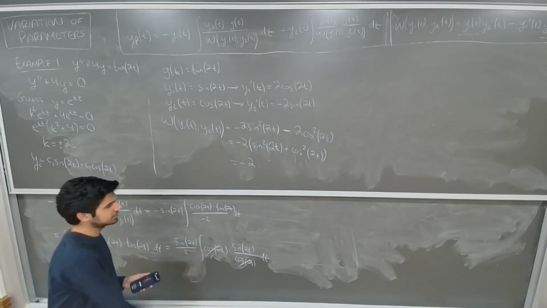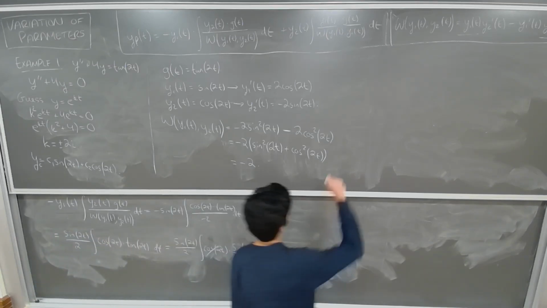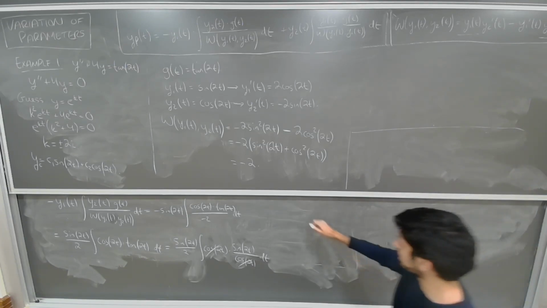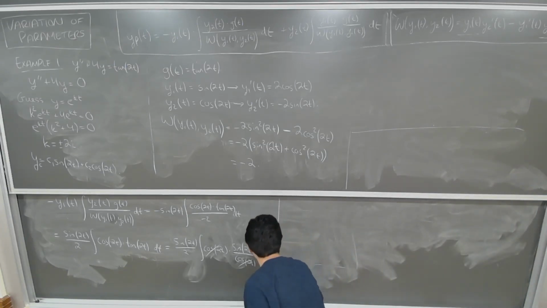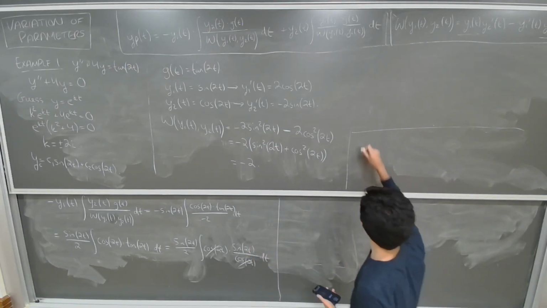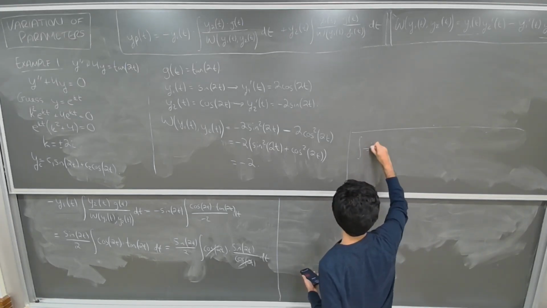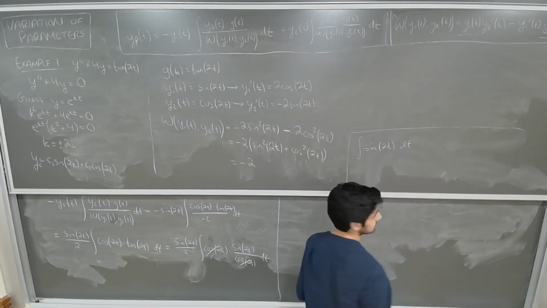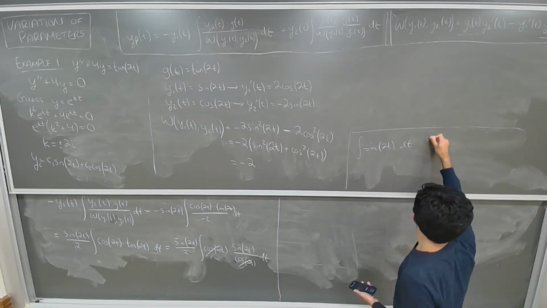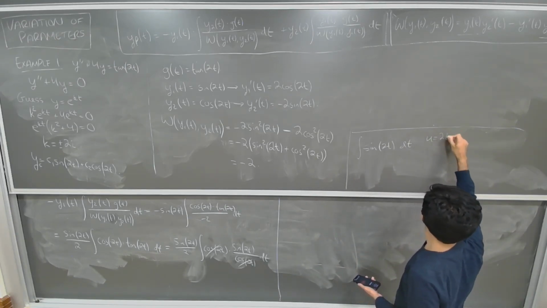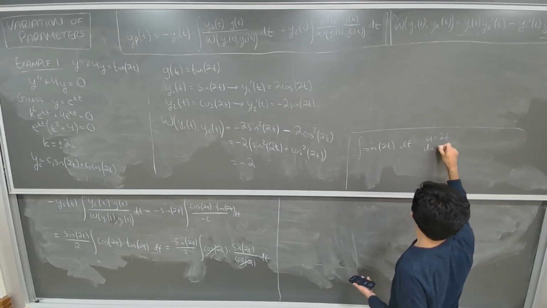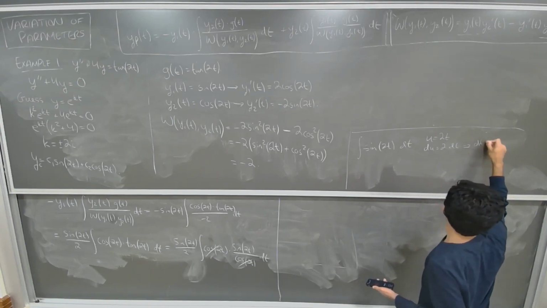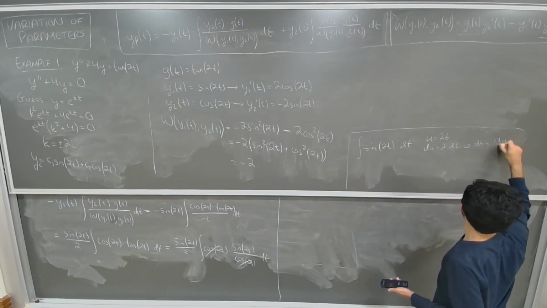So if you don't know the integral of sine of 2t, let's just briefly do it off to the side here. I'll use this board just because I want to use the other half of this board. So we're curious in solving the integral of sine of 2t. This can be done by u substitution. We'll let u equal 2t, du equals 2 dt, or equivalently dt equals du over 2.